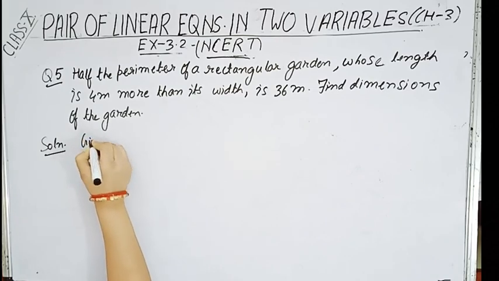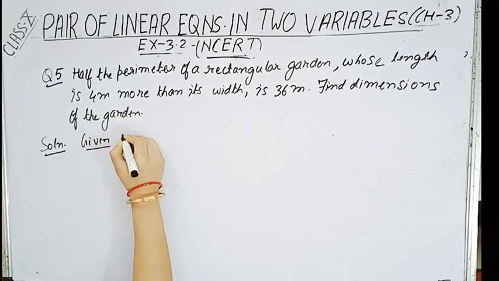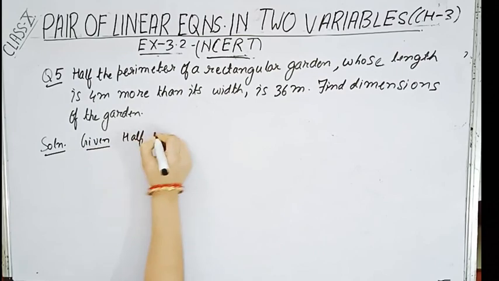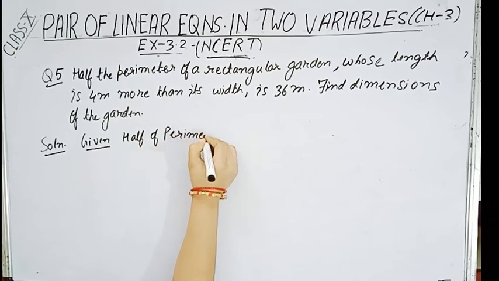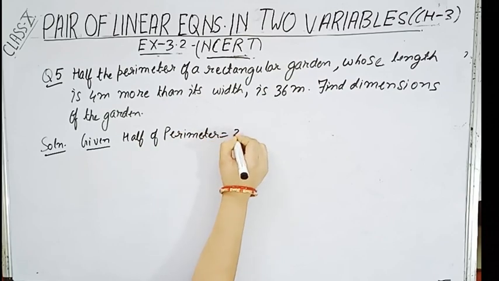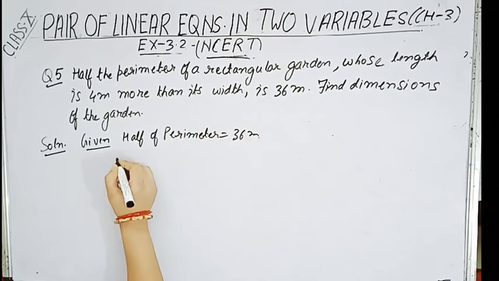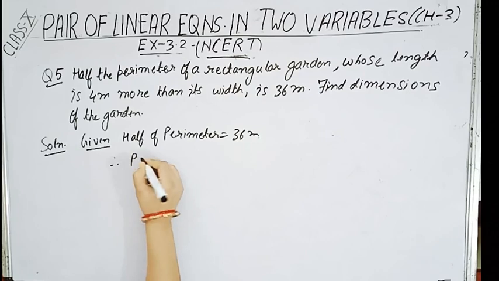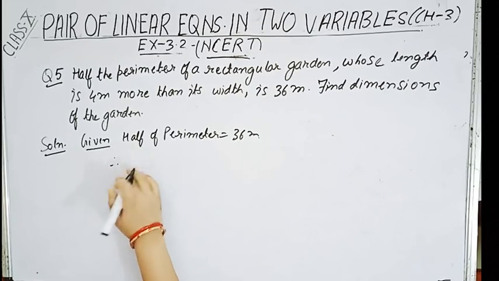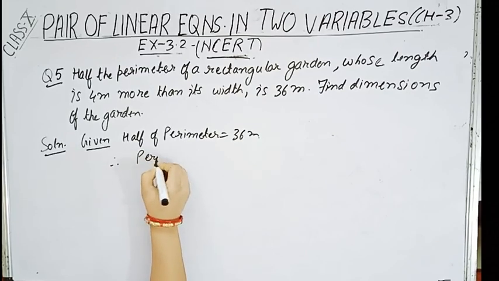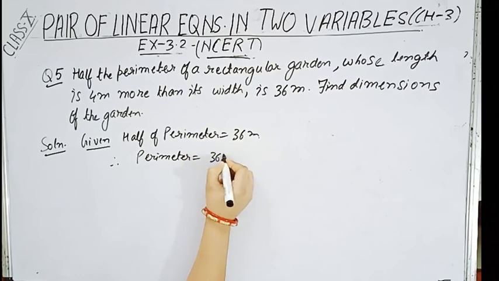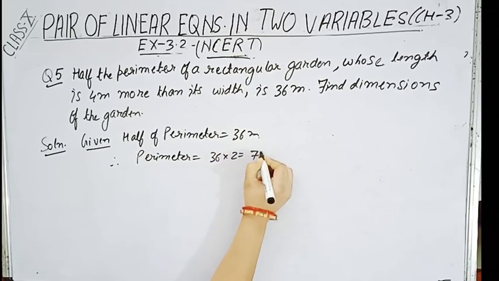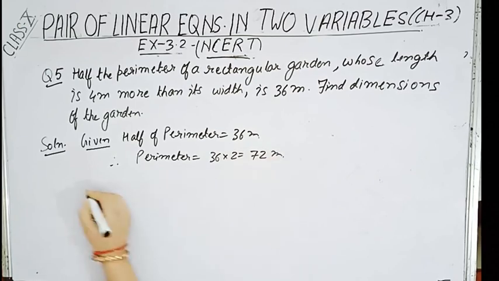So given, half of perimeter equals 36 meters, therefore perimeter equals 36 into 2 equals 72 meters.